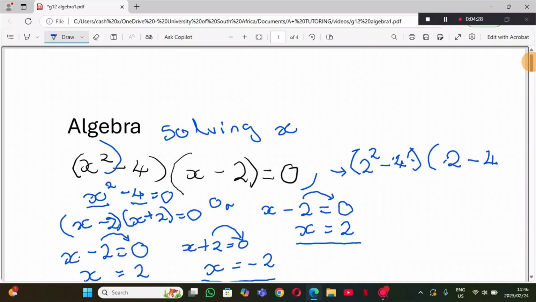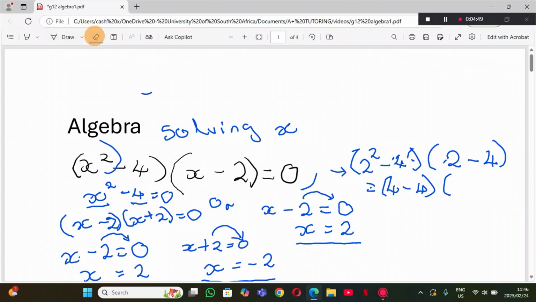Apologies, I'm still getting the hang of my drawing tablet, so it's kind of writing itself at some point. Now 2 squared would be 4, and 4 minus 4, and here it was 2, not 4.